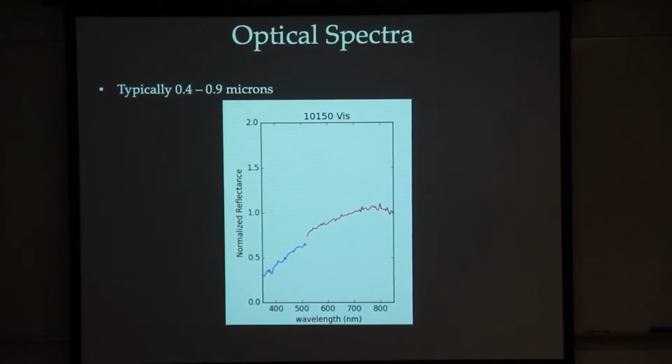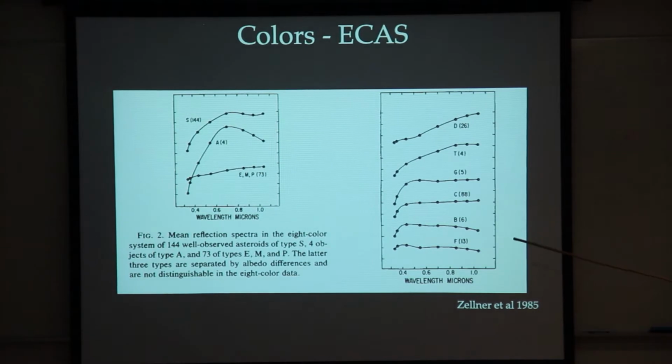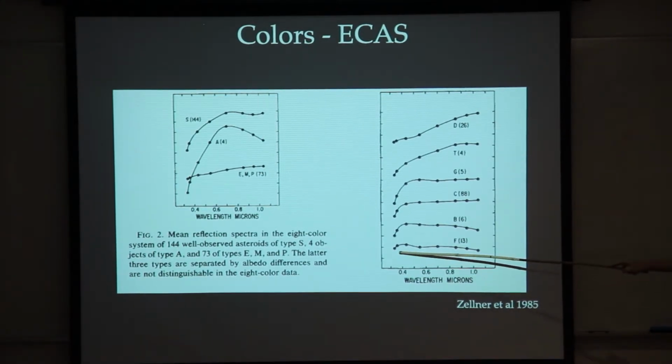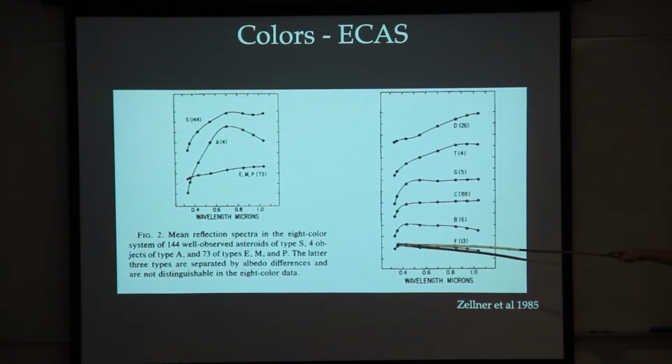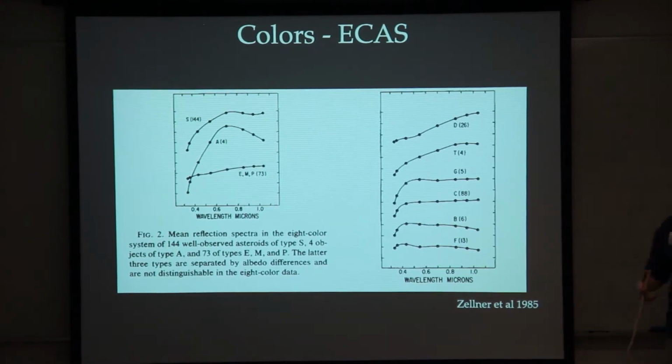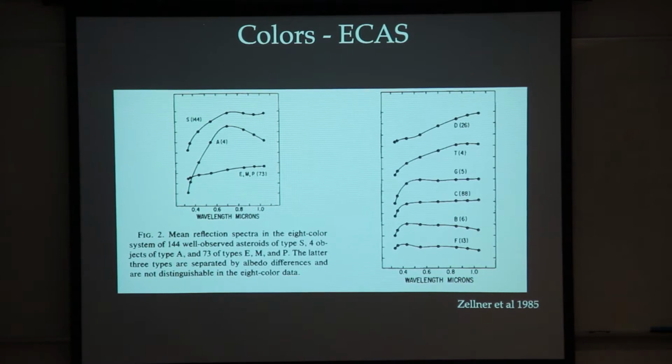If we go back real quick, I want to point out the ECAS survey you'll see had 2 points short of 400 nanometers. This is because the 8-color asteroid survey wasn't using CCD detectors. It was using photodiode detectors. And an interesting feature of photodiodes is they are very blue sensitive.